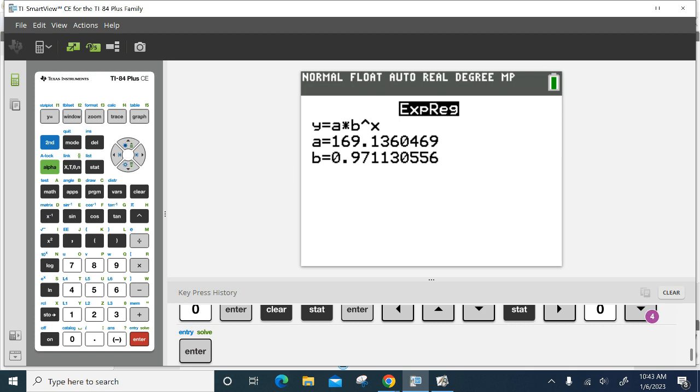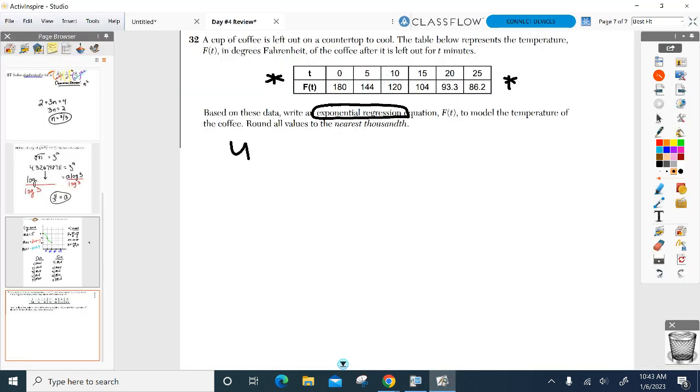All right. The first line right here, y equals a times b raised to the x. They're telling you how to write this equation. This is how this equation is going to be written with the proper a and b values. X will stay x. All right, so let's go back to the problem. Y equals, now it says your a value, but I got rounding directions to pay attention to.